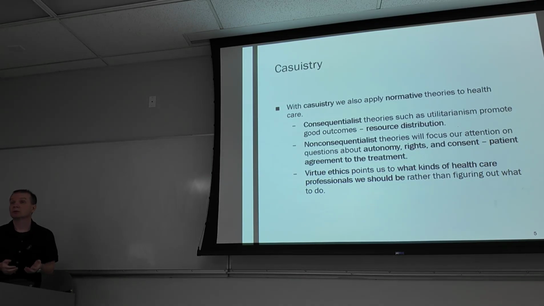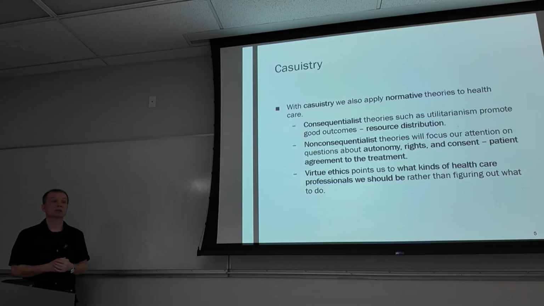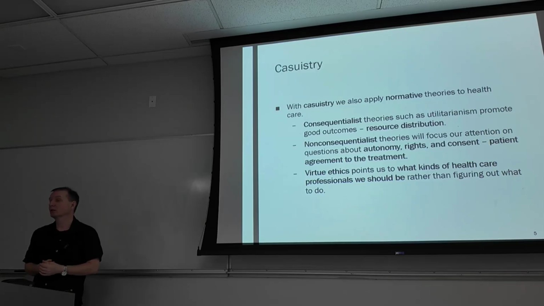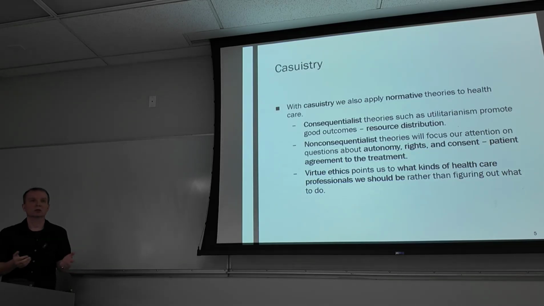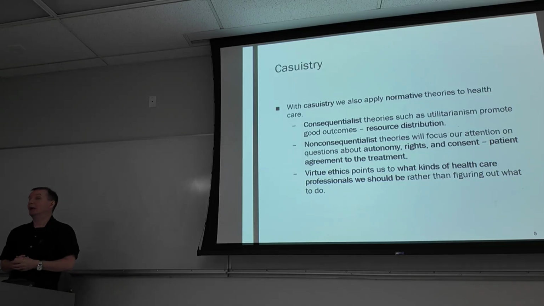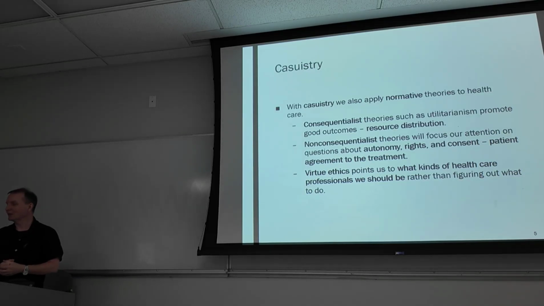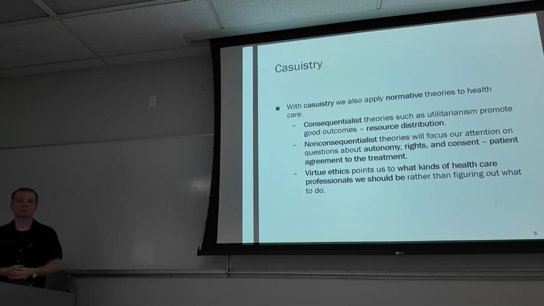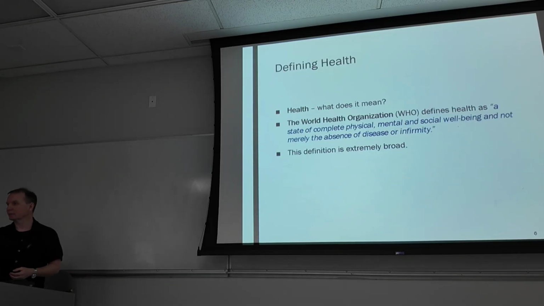Do we need to get patient's agreement to a particular treatment? And how can we obtain it? Virtue ethics, on the other hand, would be looking more at the character. Remember, that's what Aristotle in particular advertised, you may say. It points us to what kinds of healthcare professionals we should be, rather than outcomes or autonomy and issues like that.